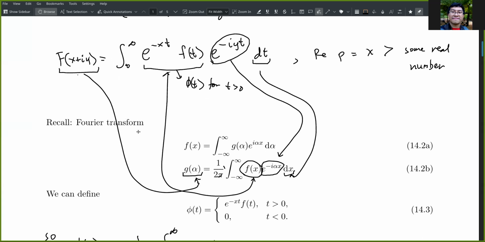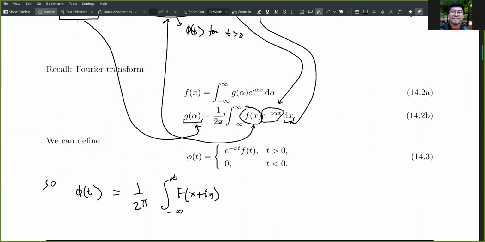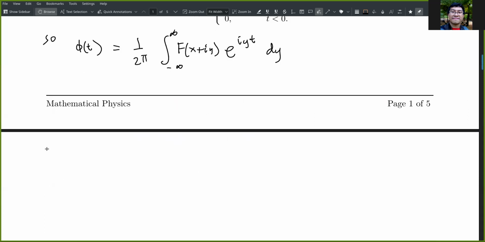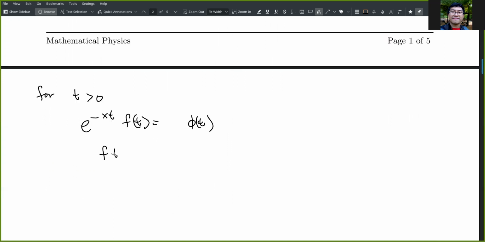That g corresponds here. Alpha is y, so we have e to the iyt dy. For t greater than 0, we have e to the minus xt f(t) equals phi(t). So f(t) is just e to the power of xt phi(t).